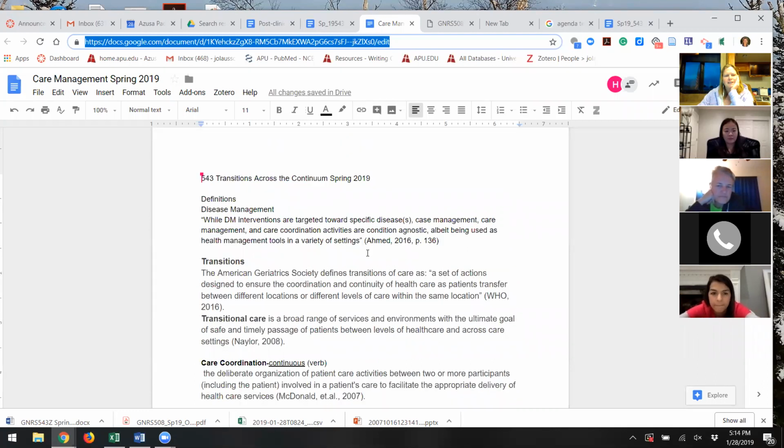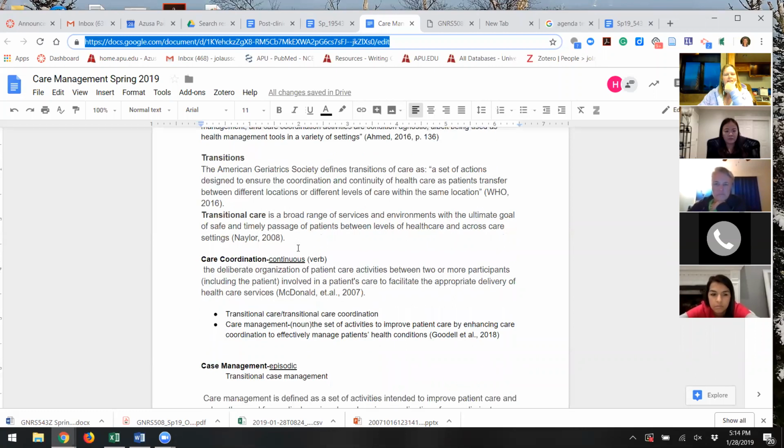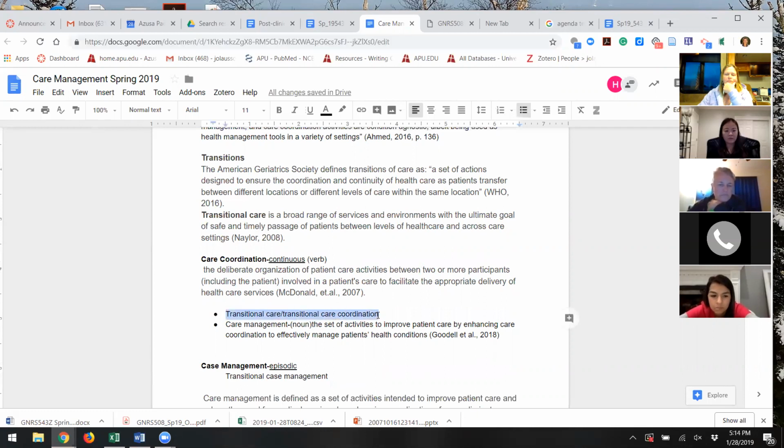But I think if we're talking about population health and disease management, that is the bigger bucket, and then care coordination might come under that, and then transitional care is a part of care coordination.